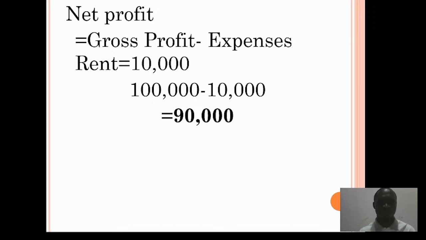Then our net profit is gross profit minus expenses. From that information, the only expense incurred is rent, which is just 10,000 naira. So our net profit is 100,000 naira minus 10,000 naira, and that is 90,000 naira.